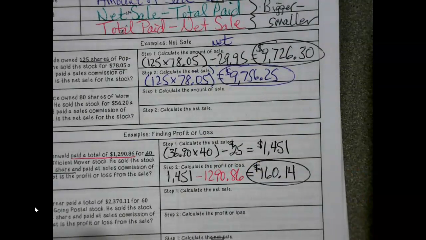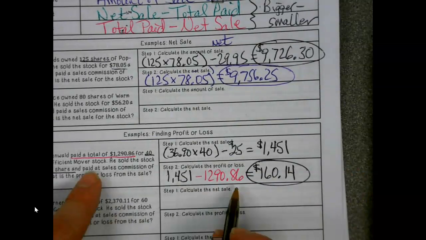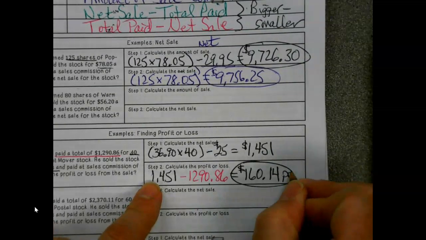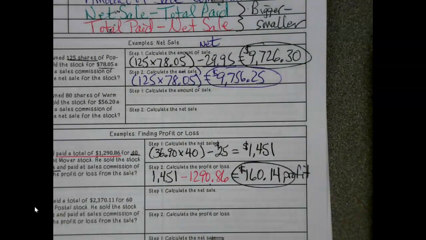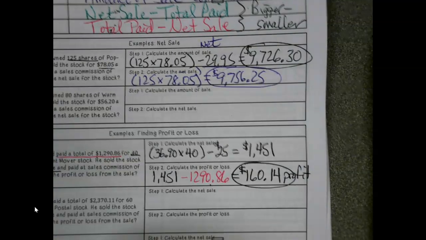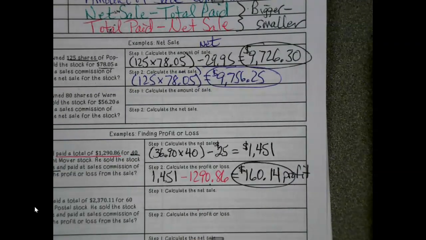And it would be $160.14, and since I paid less than I sold it for, I do want to take note that that would be a profit. So just so you have one example of both to kind of reference, I got one last one we'll do.